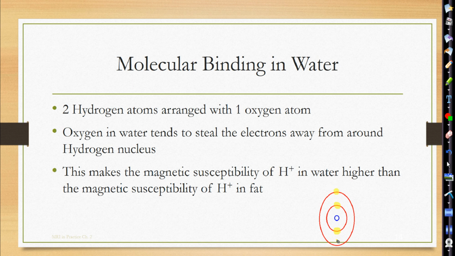So 1, 2, 3, 4, 5, 6. Okay, so now we need 2 hydrogen. How many electrons does hydrogen have? Just 1, right?